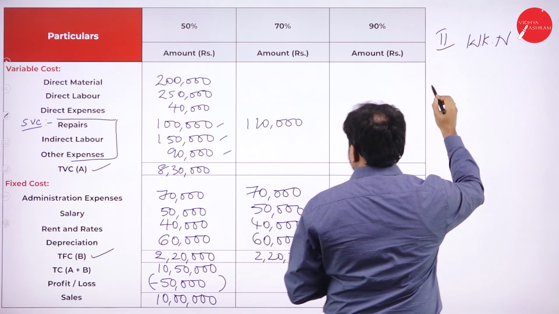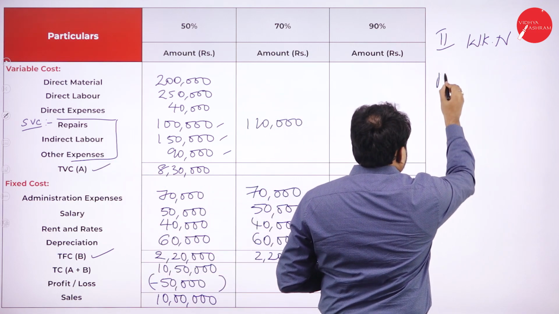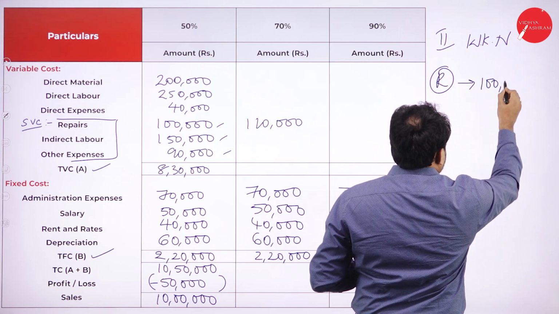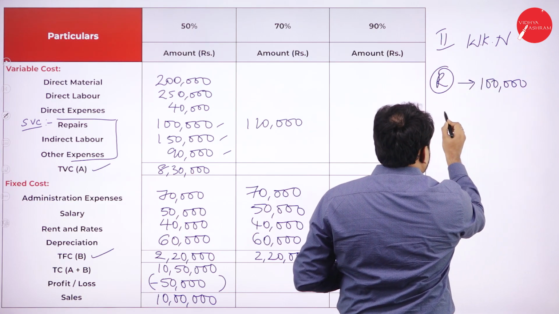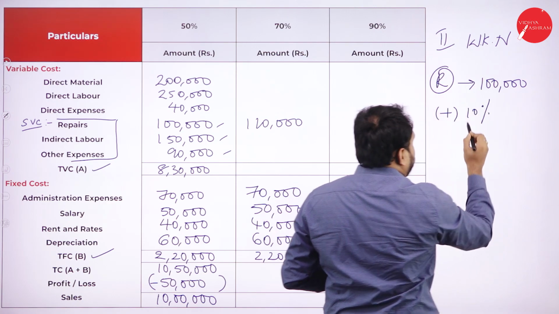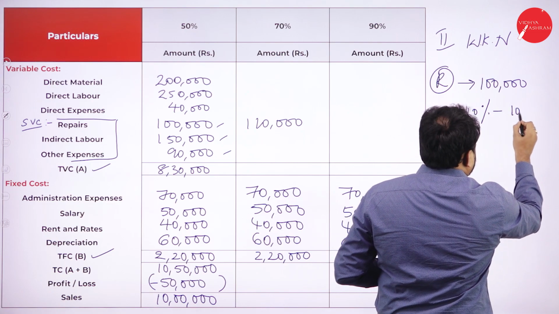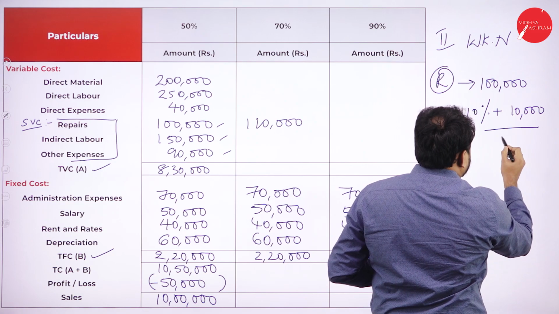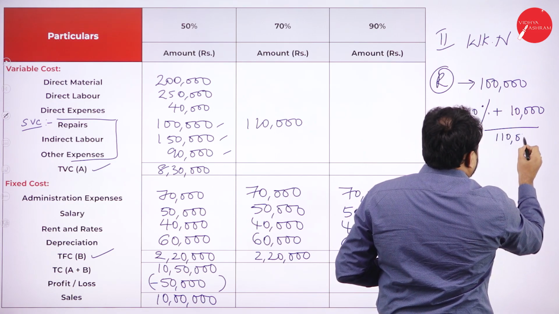Now we have here, the heading is repair. We'll write here repair. Earlier we had repair for how much? 1 lakh. Now we need to add 10% to that. Now 10% in the sense how much is it? 10,000. So 1 lakh plus 10,000 is 1 lakh 10,000.